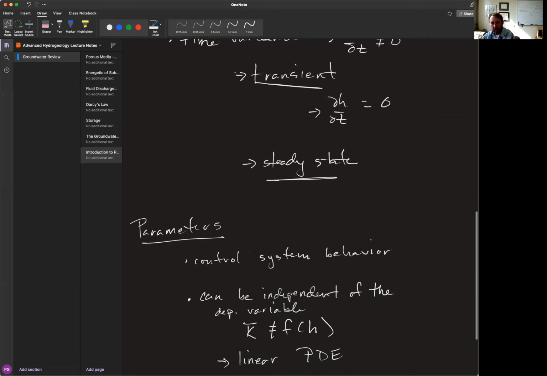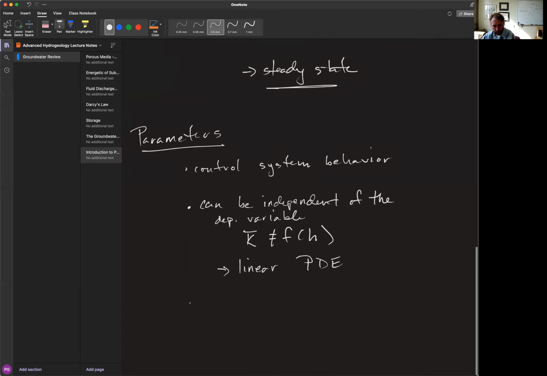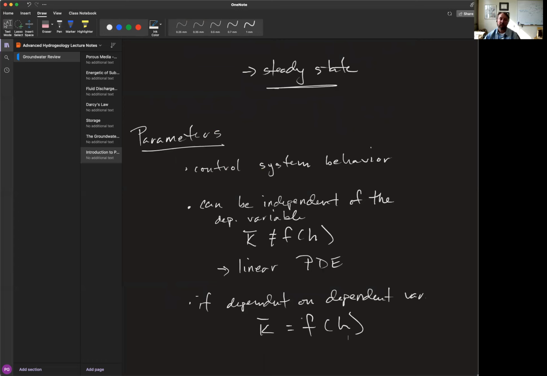All right. So if parameters are dependent on the dependent variable, so for example, if my hydraulic conductivity is a function of the hydraulic head, all right, that means the parameter that controls my response depends upon the value of the head at that point.